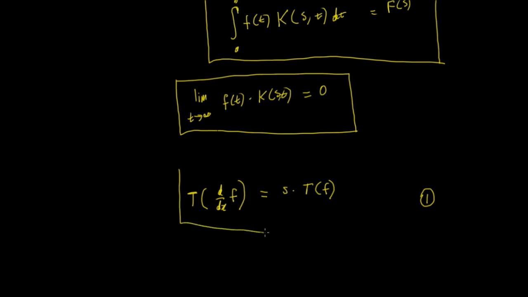So we want to find a function k_s of t that ensures this occurs. It ensures that when we differentiate a function in the time domain, it's equivalent to taking the transformed function and multiplying it by our value of s.